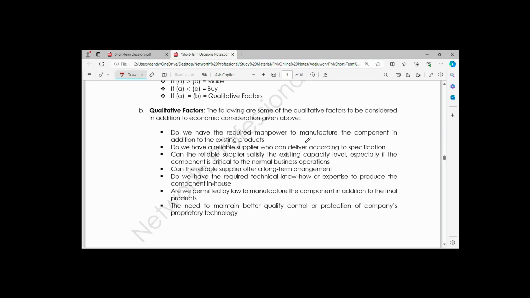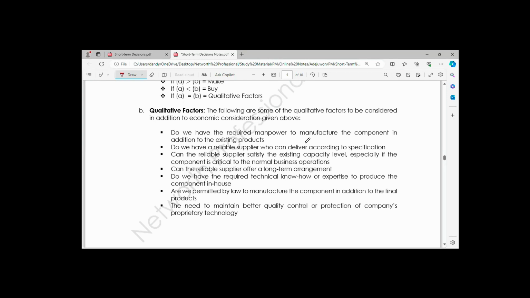For example, if you go to some northern states in Nigeria, you may not be allowed to rear pigs. The law of the land may not permit you to do certain businesses. So the company will need to ask itself if it's permitted by law to manufacture the components internally in addition to the company's final product.